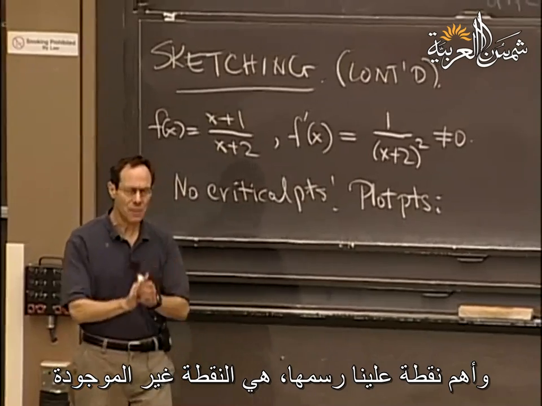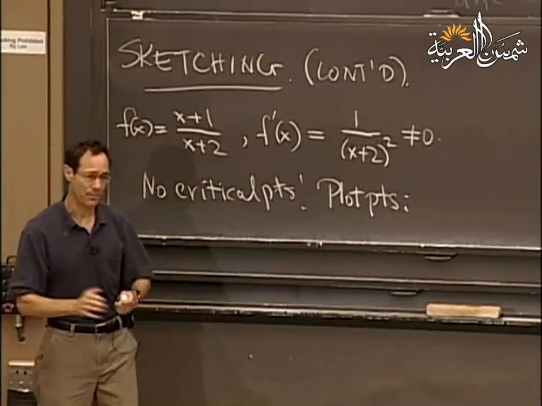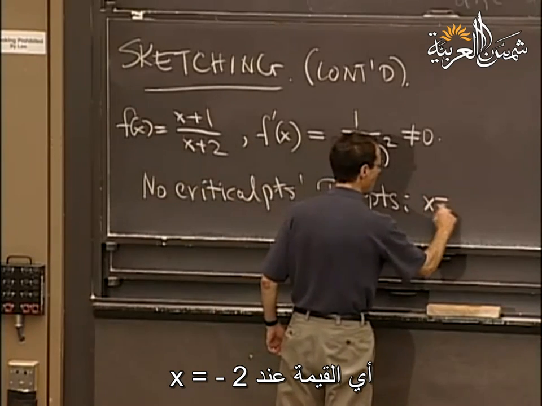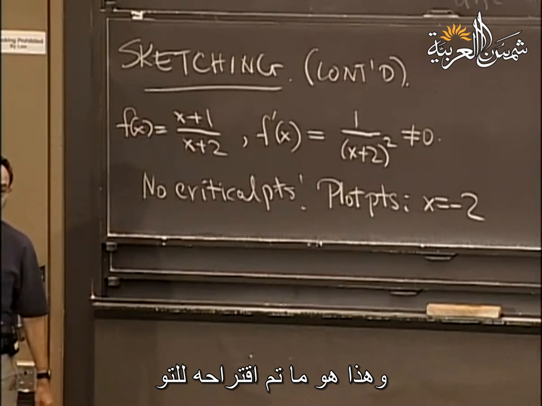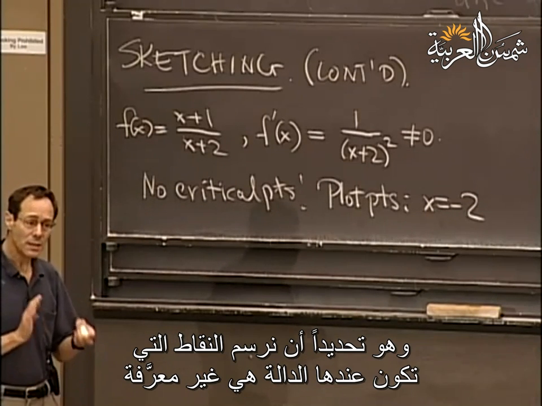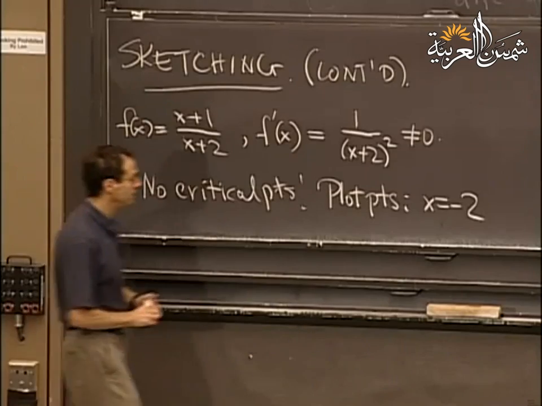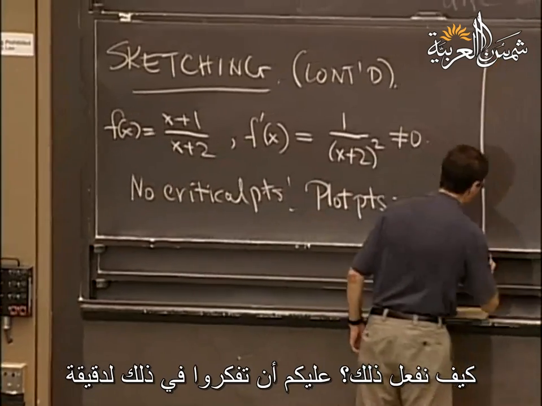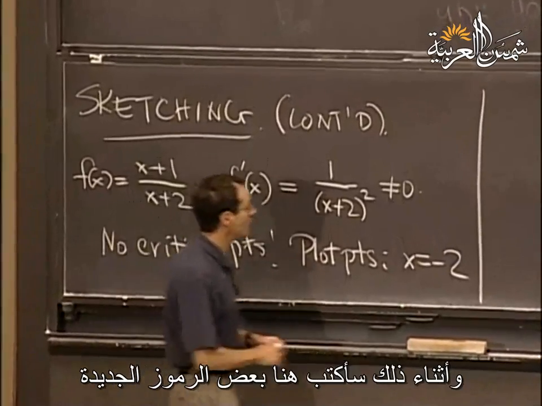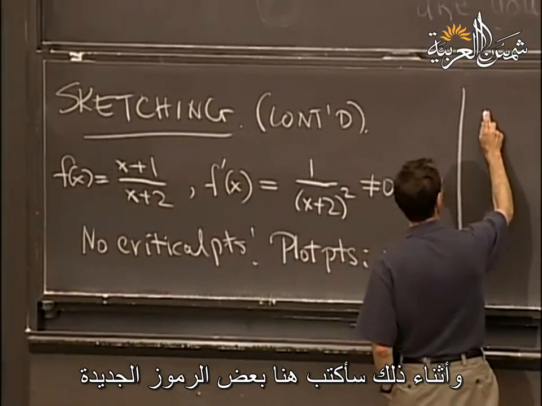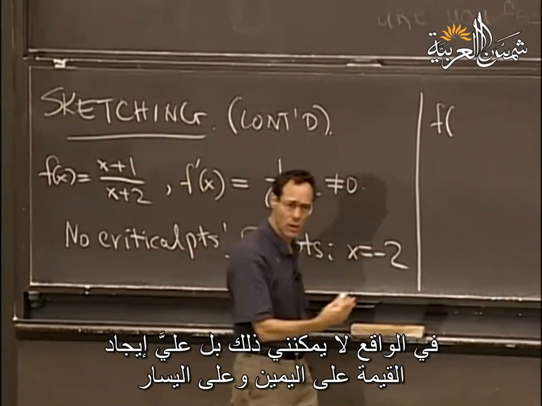Now, it turns out that the most important point to plot is the one that's not there, namely the value at x equals -2, which is just what was suggested. Namely, we plot the points where the function is not defined. Okay? So how do we do that? Well, you have to think about it for a second, and I'll introduce some new notation when I do it. If I evaluate at this place, actually I can't do it. I have to do it from the left and the right.